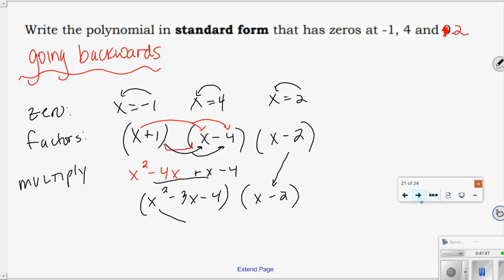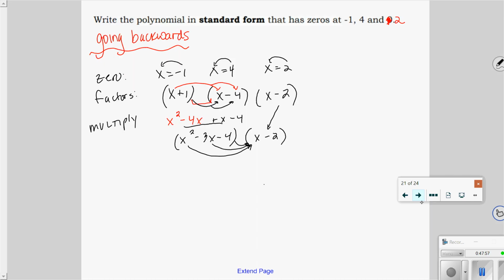I take all three terms and multiply by x, so I get x cubed minus 3x squared minus 4x. Those are my first three that I multiplied. Then I take those three and multiply them by the -2. We did this a long time ago, like October, November.